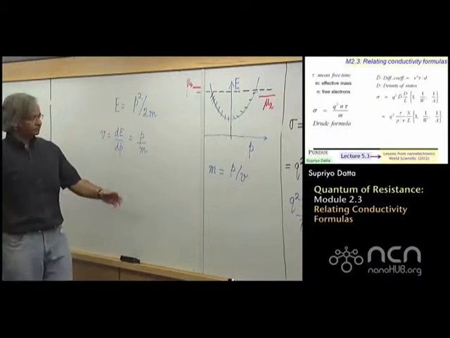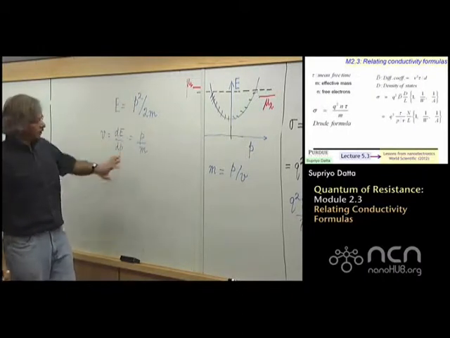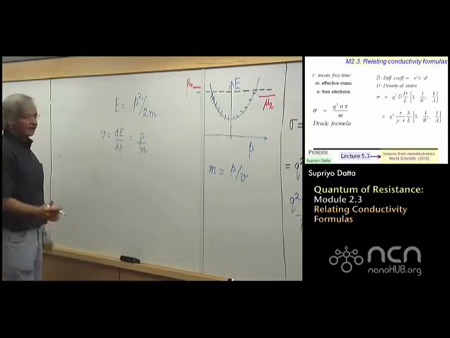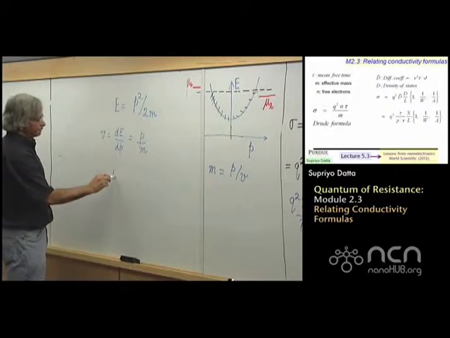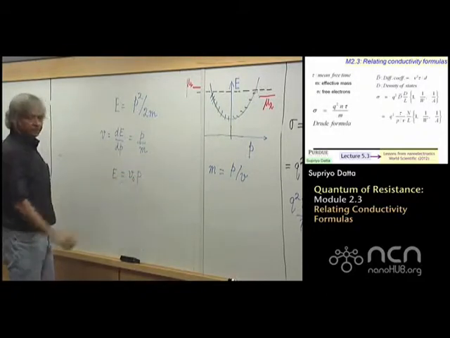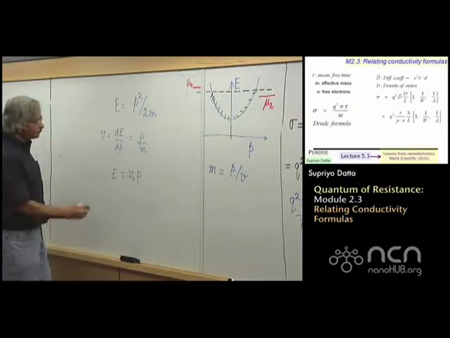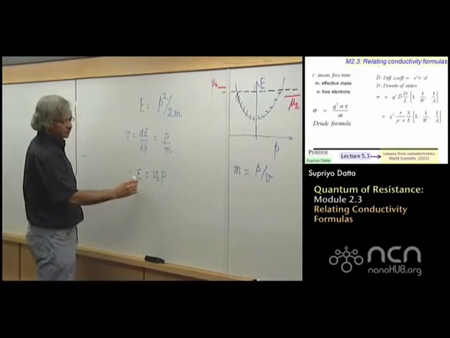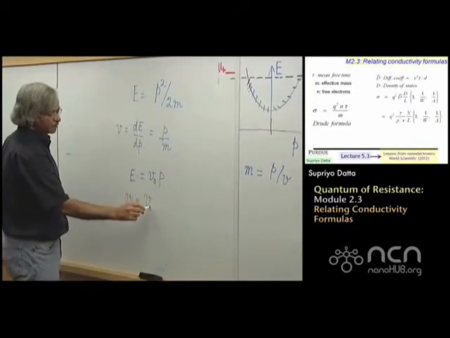And so this looks fine. This is the one that we're used to. On the other hand, if you are talking of, say, graphene, where E is equal to V0P, then you'll notice actually velocity is constant. dE dP is just a constant number V0.